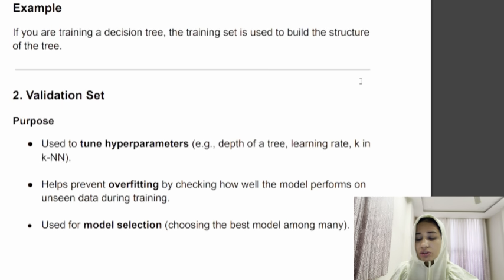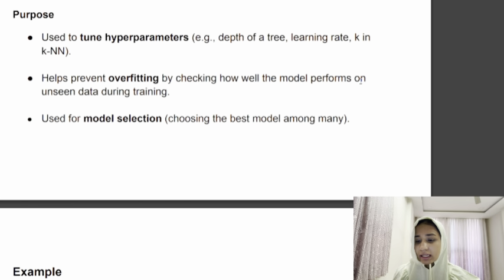Validation set: used to tune hyperparameters. Examples are the depth of a tree, learning rate, k in kNN. Second, it helps prevent overfitting by checking how well the model performs on unseen data during training. And third, it is used for model selection, choosing the best model amongst many.